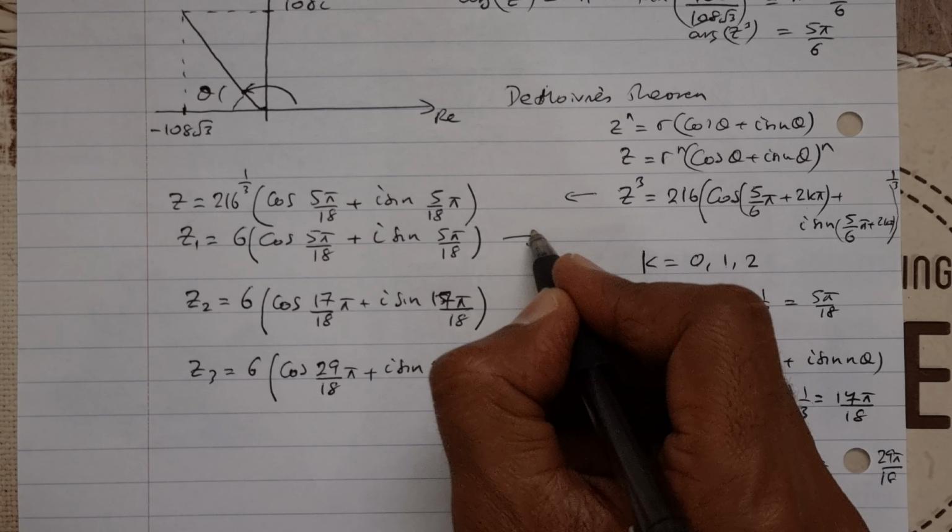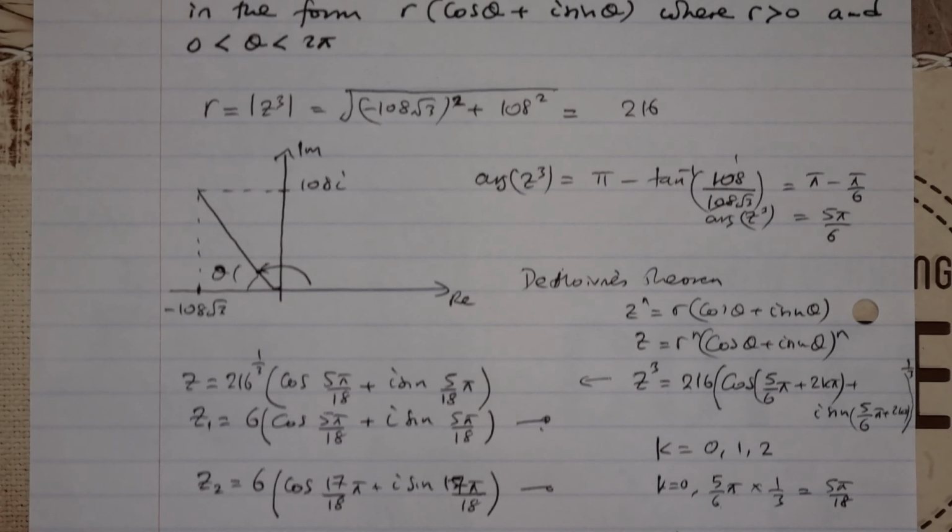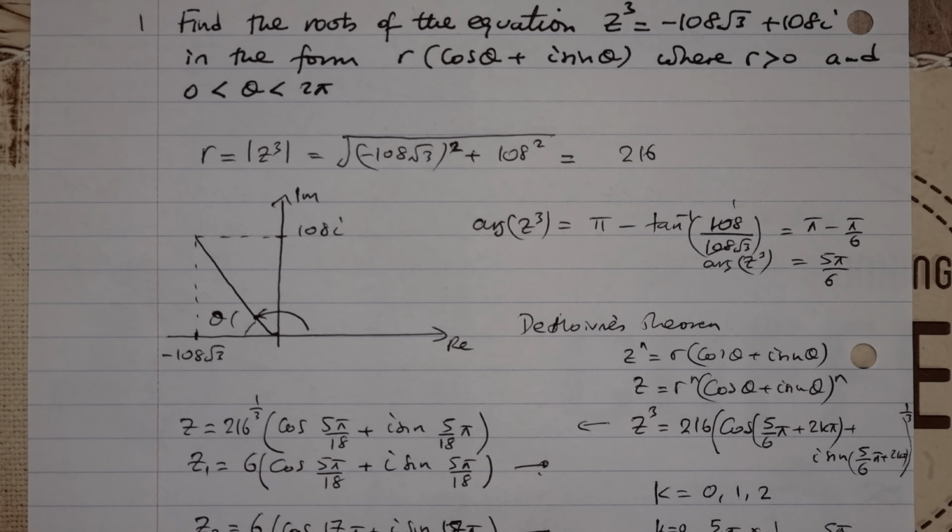It checks out. So these are the three roots of that complex number in the required form, r into cos theta plus i sine theta. Take care.